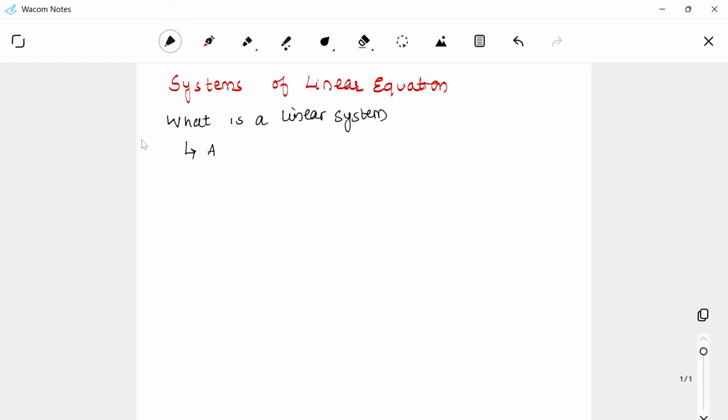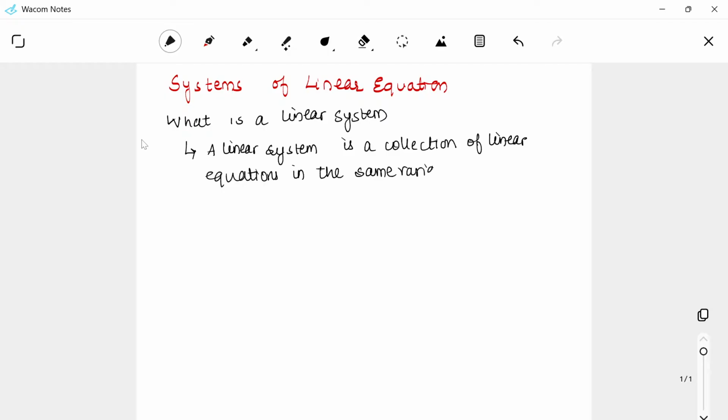Now several other concepts. A linear system is a collection of linear equations in the same variables.